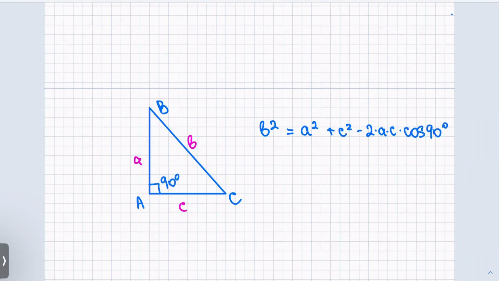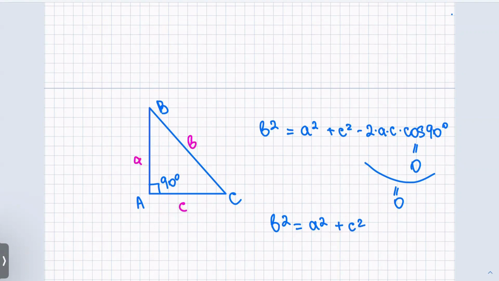So we have to write cosine 90 degrees. But now cosine 90 degrees is 0. So this whole thing will equal 0. So the cosine rule gives us the Pythagoras theorem, dear students. This is the right triangle with the hypotenuse b, and we got that b squared is equal to a squared plus c squared.